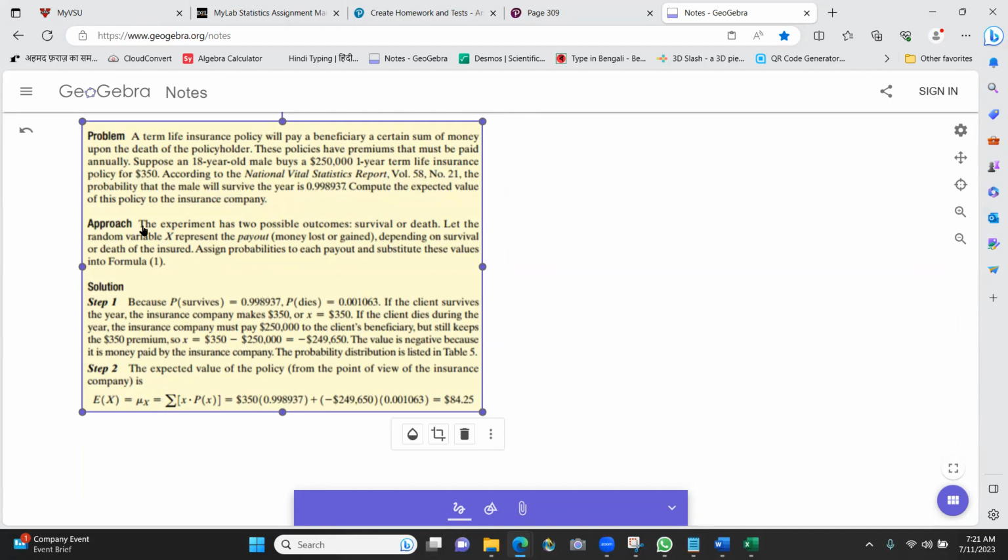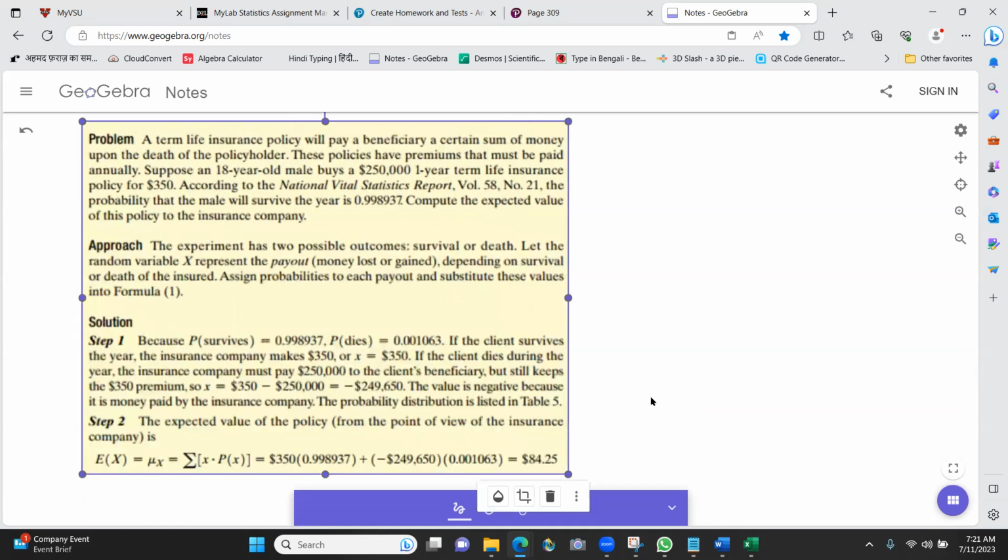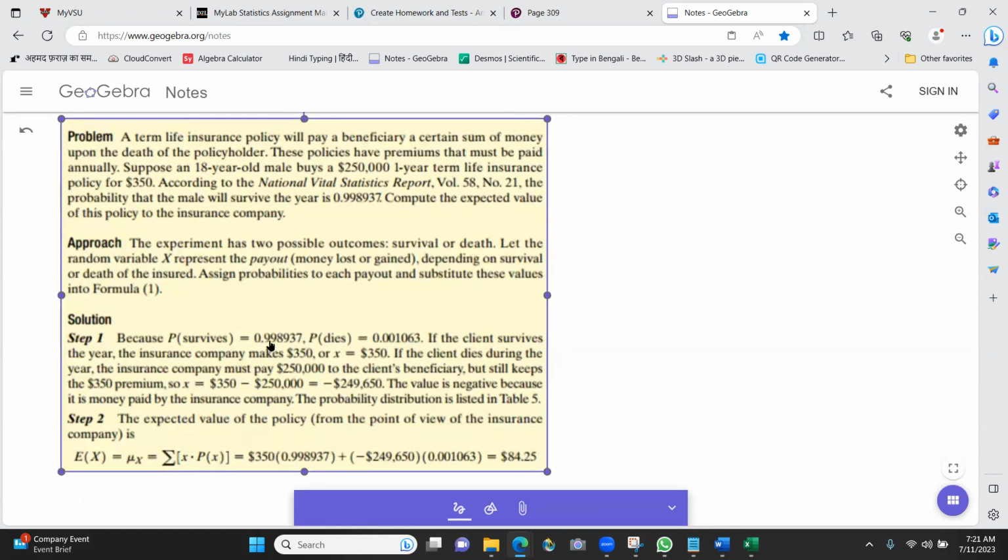They'll give you the probability and how much money you will get, and you multiply how much money you get by the probability. So think about it this way. It's actually done from the perspective of the company.